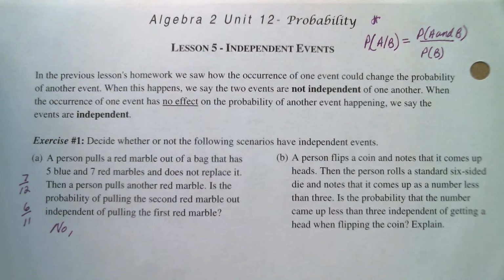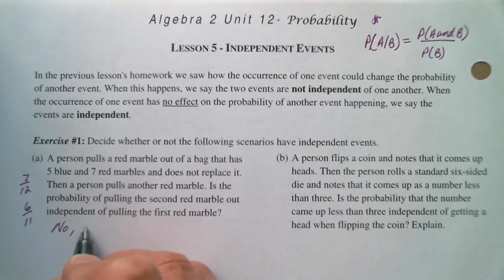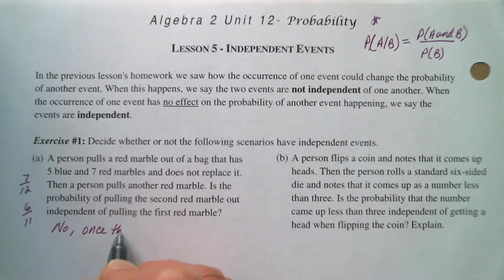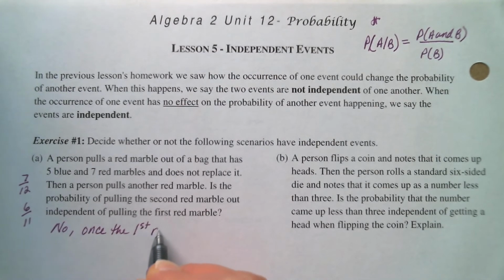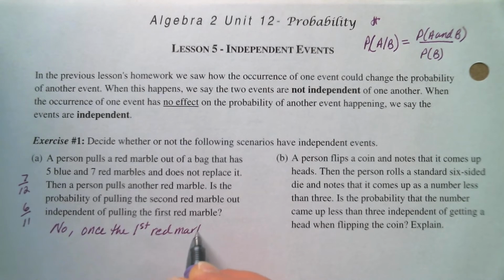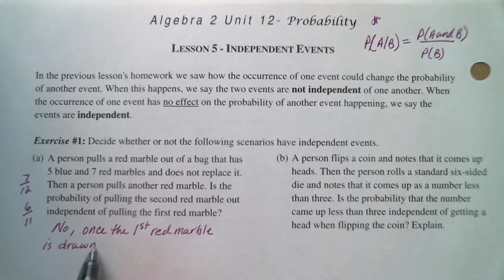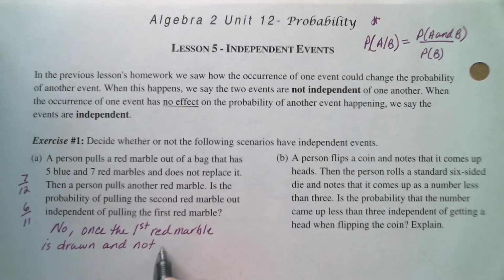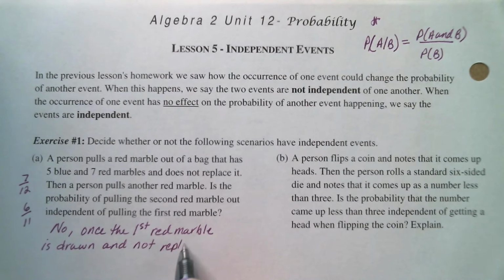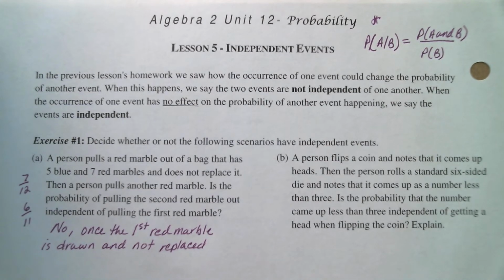Are they independent? No. Once the first red marble is drawn and not replaced, the probability of drawing a second has changed from 7/12 to 6/11.